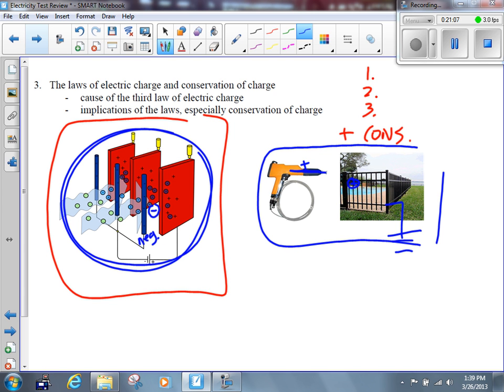Conservation of charge, charged objects attracted to neutral objects. So we've got four little things here, the three laws plus conservation of charge. We've just addressed the first one, the third one, and the law of conservation of charge with these two examples here. That's what you're going to see, that type of thing, as opposed to reciting the three laws of electric charge. Okay?